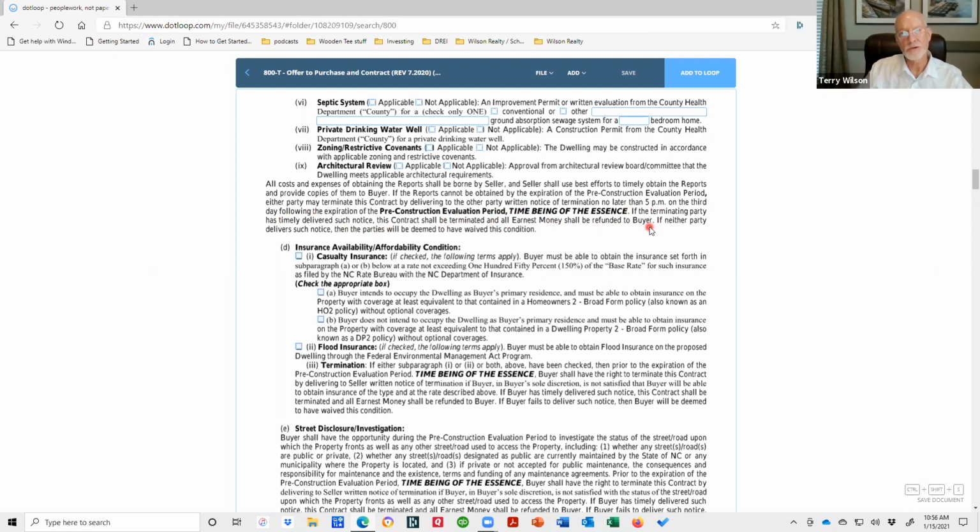So think about that for a second. Normally, once the termination window ends at 5 p.m., think due diligence period 5 p.m., at that moment, that's it. We're in the contract. Now, if one of the parties walks away, they're in breach. But this contract says the seller is given a 3-day window after the pre-construction period.